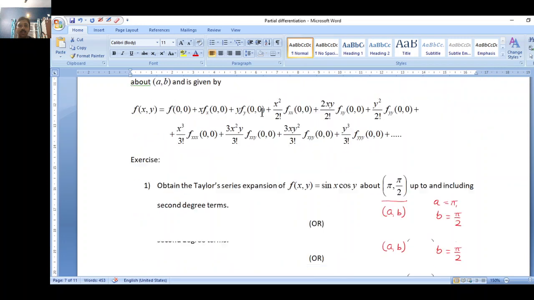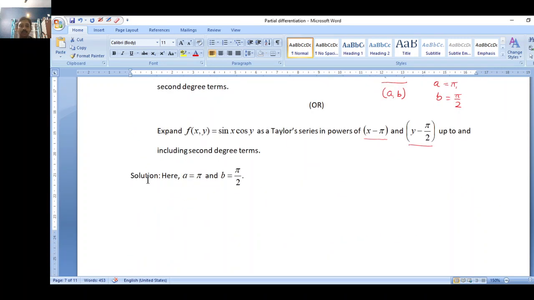So for that to be done, first we will start with this expression, f of x comma y is given to be sin x cos y. So accordingly we will find out f of a comma b. So what is f of a comma b? Replace x by pi and y by pi by 2.